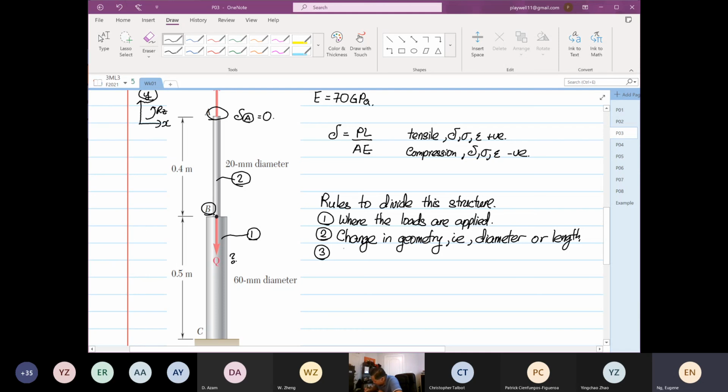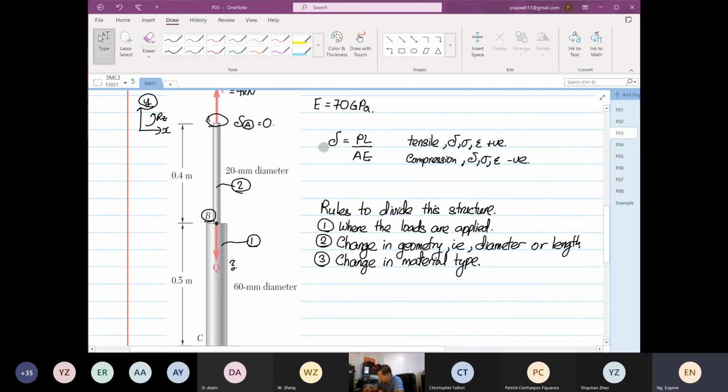Okay. And the third rule depends on whether there's any change in material type. For this case, no, because both AB and BC are all aluminum.